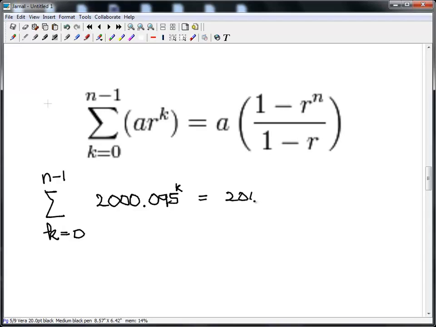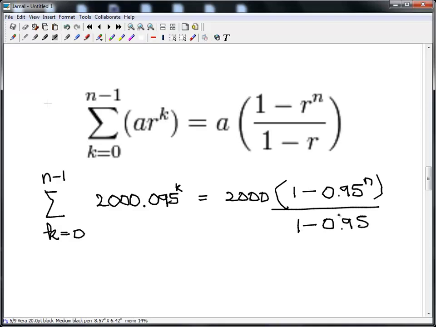So that's 2,000 times 1 minus 0.95 to the power of n, all over 1 minus 0.95. Now that actually works out, the 1 minus 0.95, I'll just write it up here at the top, that is equal to 0.05.